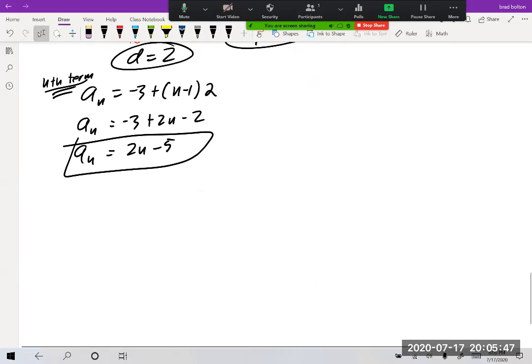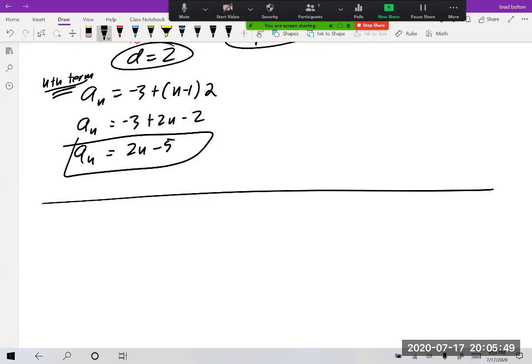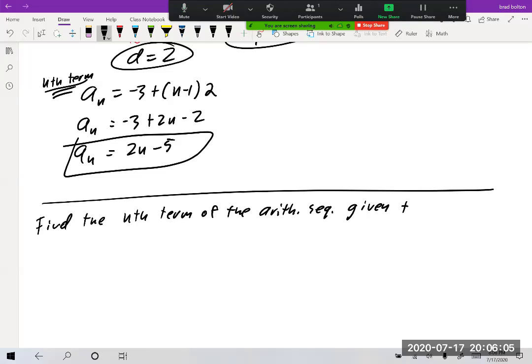Let me have you guys try one. Suppose I give you, so I said find the nth term of the arithmetic sequence given the following. So same problem as before.